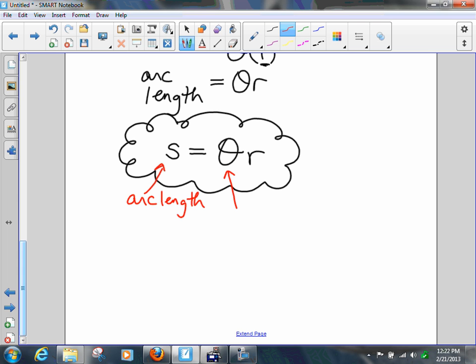Theta represents what? The measure of angle, in radians. R represents the what? R represents the radius. Because remember, this could be any arbitrary circle, not necessarily the unit circle.